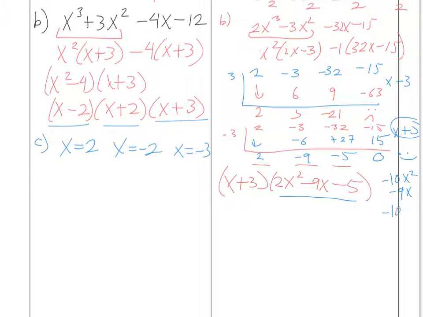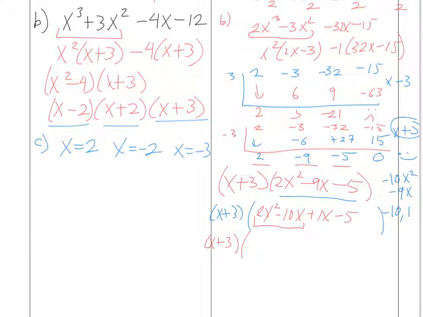That's going to be negative 10 and positive 1. Okay, I'm going to keep that x plus 3 just sitting out front there. And then inside this lovely mess of a parentheses, it's going to be 2x squared minus 10x plus 1x minus 5.